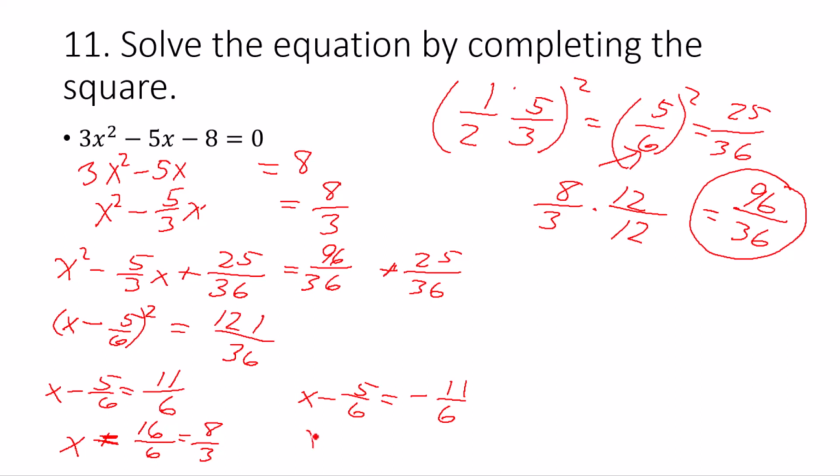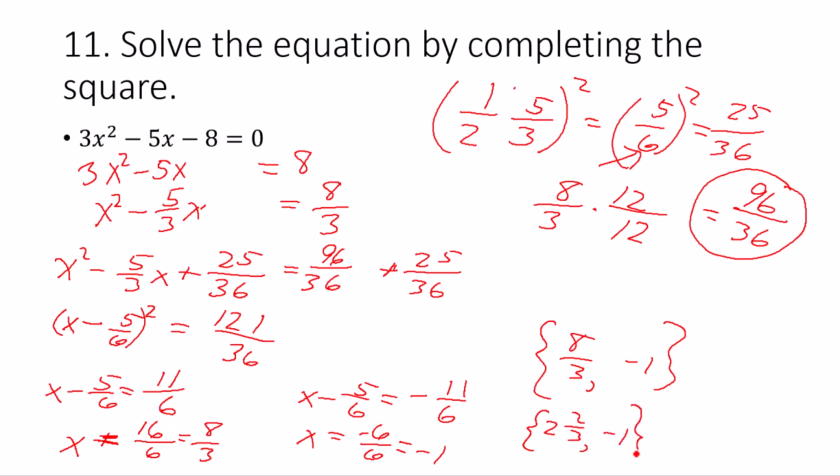Over here, we'll add 5/6 to both sides, and we'll get minus 6/6, which is -1. So if we wanted a solution set, our solution set would be 8/3 and -1. Or maybe we'd rather write it as 2 2/3, -1, dividing that by that 3. Got it?